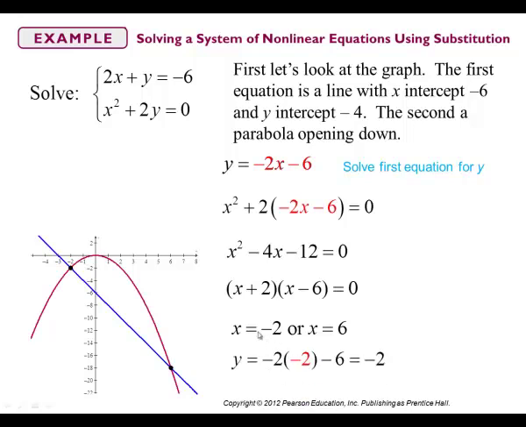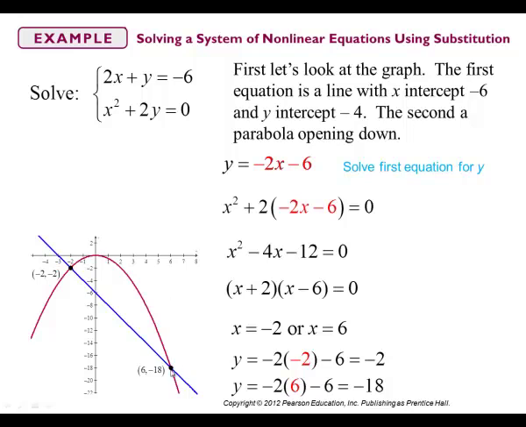So one at a time, we have to substitute them into the other equation and find the y value. So here we take the negative 2, substitute it back into this equation, and we get negative 2 times negative 2 is positive 4. Positive 4 minus 6 is negative 2. So that means this point here is negative 2, negative 2. And then we take x equals 6, substitute that back into this equation here, and we get negative 2 times 6 is negative 12, negative 12 minus 6 is negative 18.